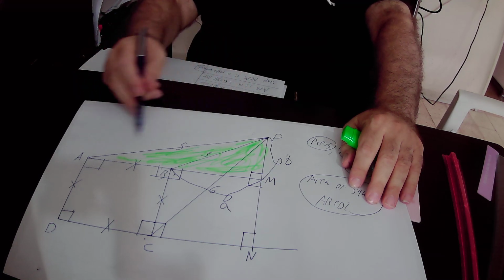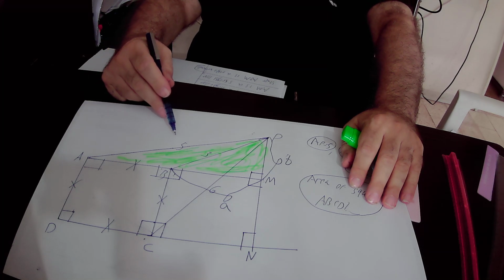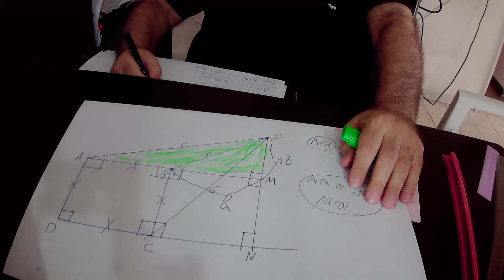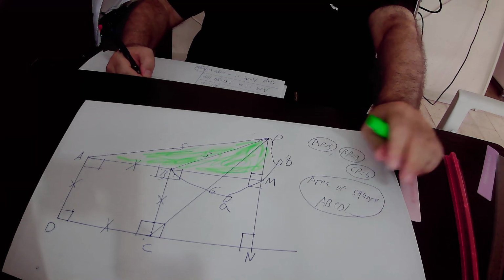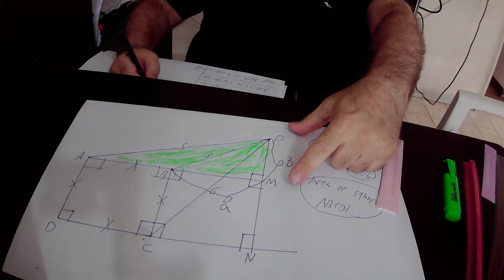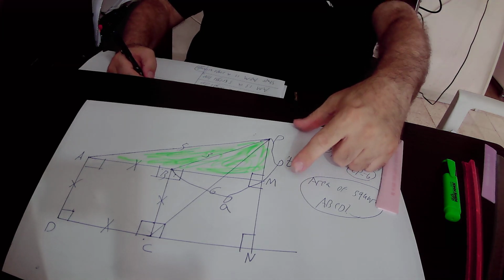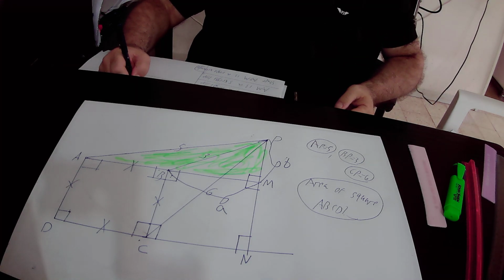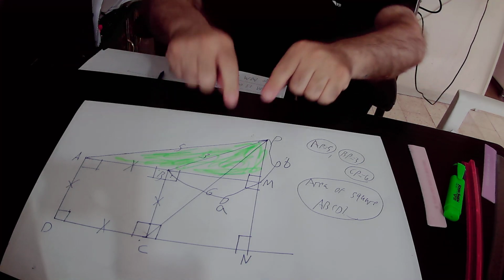AP equals 5 units according to what is given in the question, therefore AP square is 5 square, that is 25, and it is equal to BM square. BM equals B, therefore BM square is B square, plus AM square.